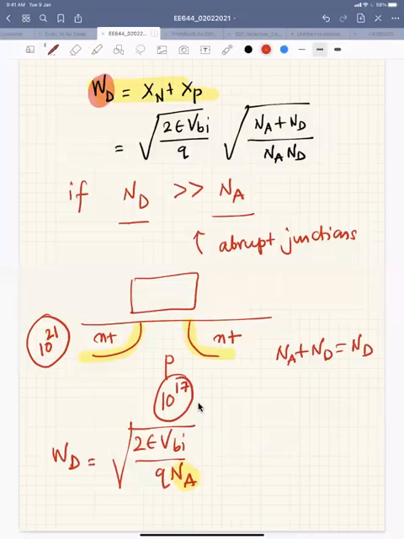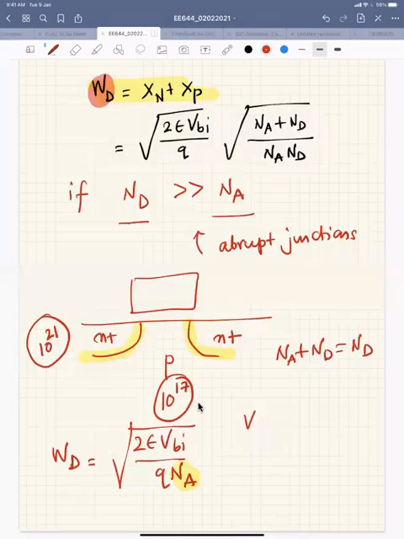Because if you want to find the electric field, that will also depend on it. So what will be the electric field, what will be the potential drop? The potential drop across this junction is nothing but the potential drop in the P side, because you will not have any N side depletion region in this case.